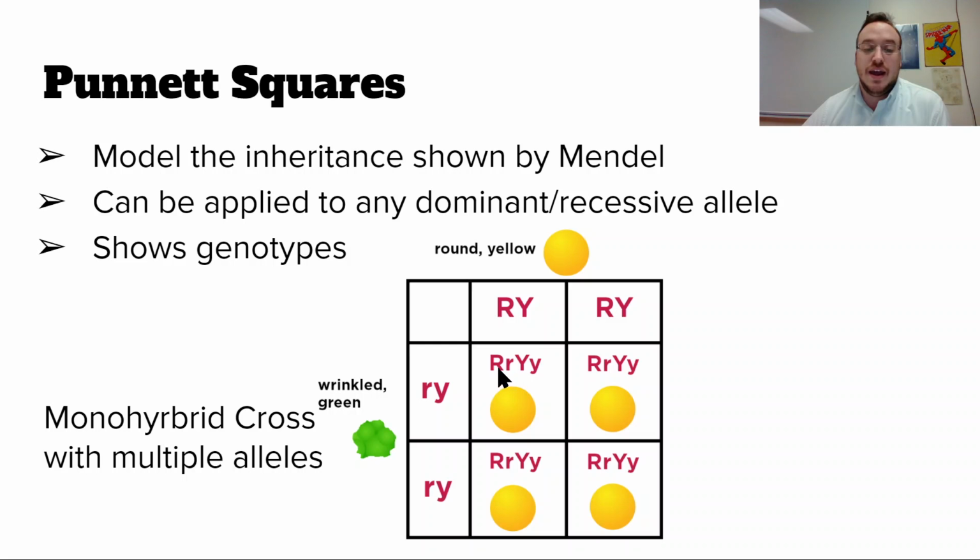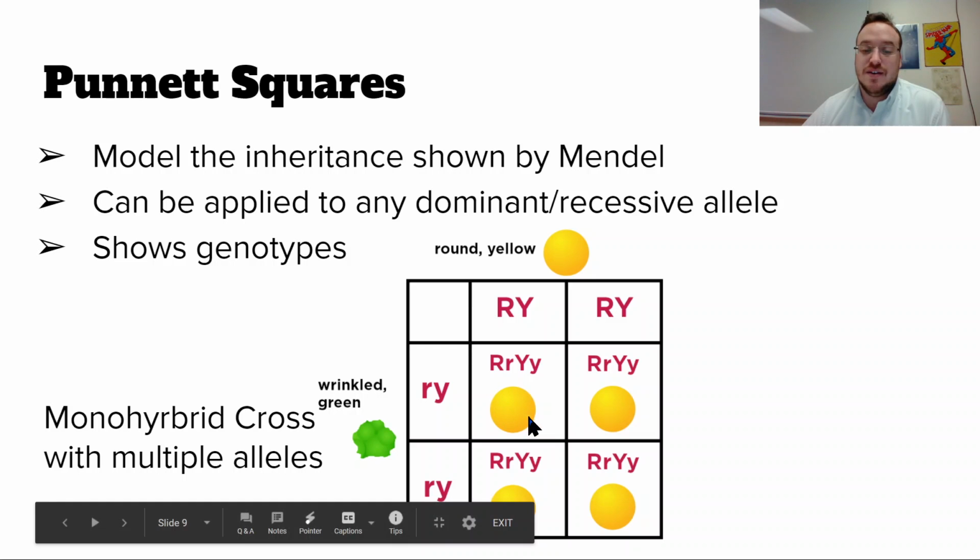So we've got a heterozygous for the round trait with the dominant round, right? And for the other trait, we're going to bring this dominant Y down and this recessive y over to here. So we've got a heterozygous for both alleles, but it shows with the dominant traits of round and yellow.